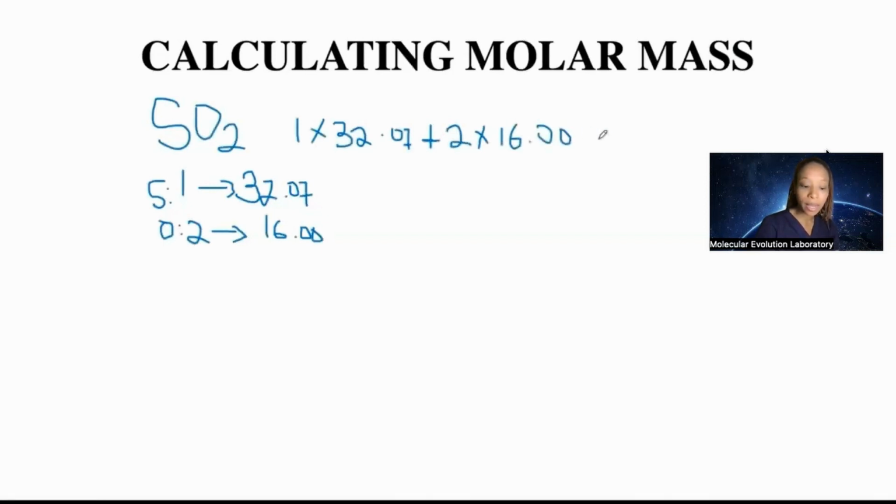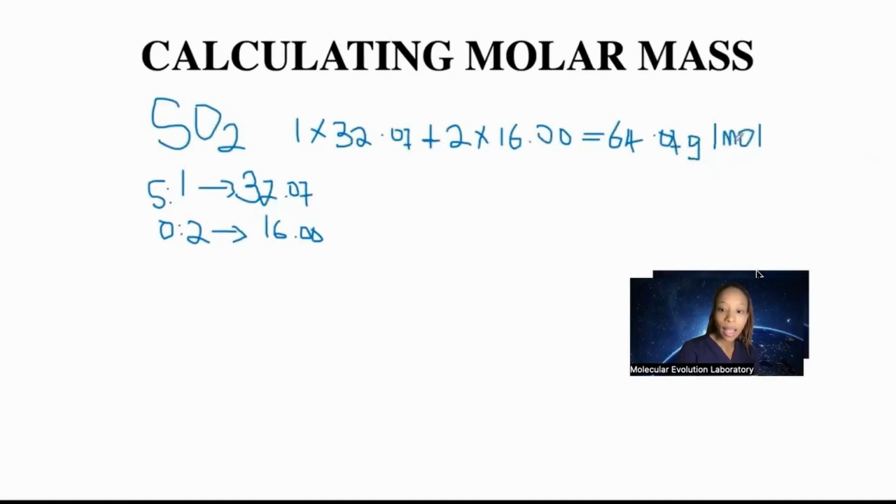This gives us 64.07 grams per mole. And this means that 1 mole of sulfur dioxide weighs 64.07 grams.